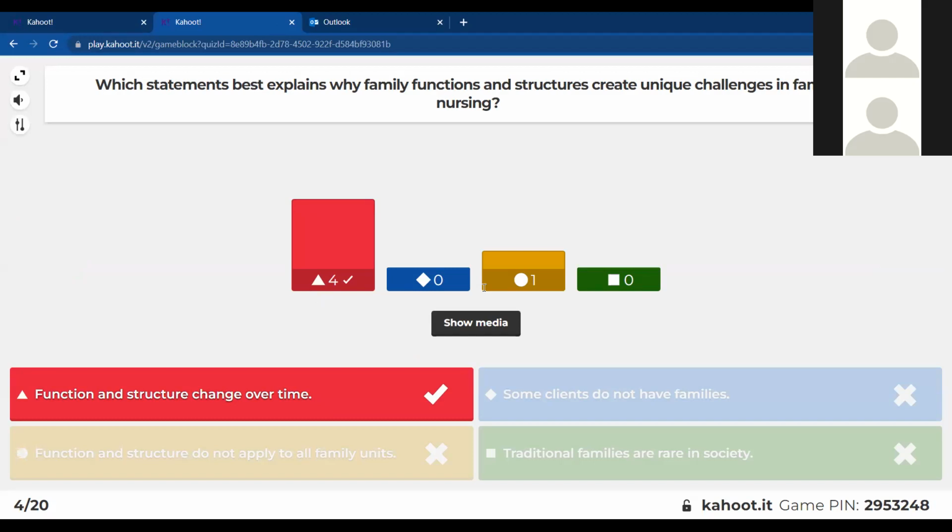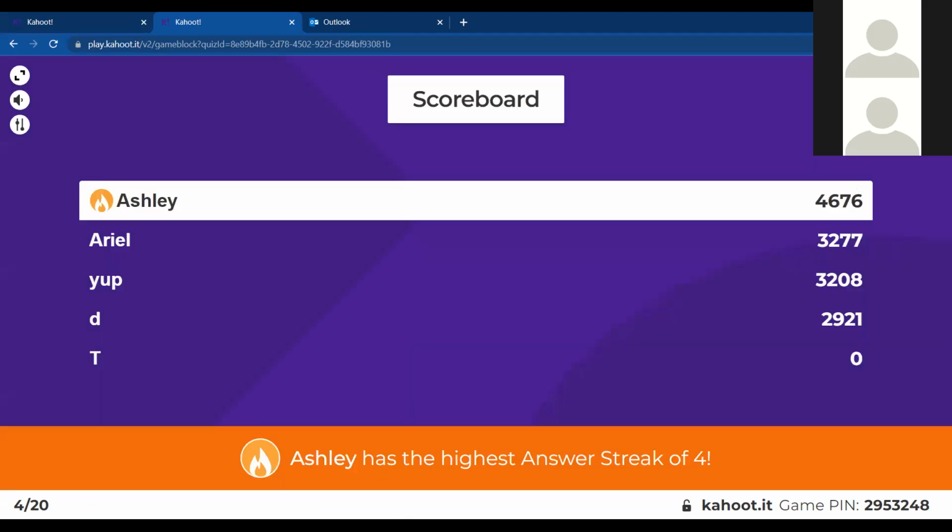Maybe for the first week you're with the patient, she's with her son, and then the next week she's with the daughter, and then back to the son and back to the daughter, because that's what they can do. So we want to be very sensitive. Function and structure do not apply? Well, there is function and there is structure in every family. It's just not going to be the same. So that one is why we wouldn't pick yellow.